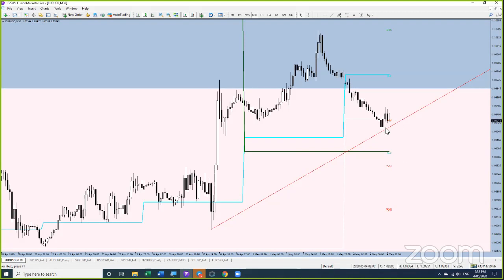If I were to break and come back above it, then the long looks a real possibility back to the daily pivot, remembering we've got that high probability that the daily pivot will be tested. So it's a little bit each way here, I know, but that's exactly what I see at the moment. There's no trade to be had here on the 30-minute chart.